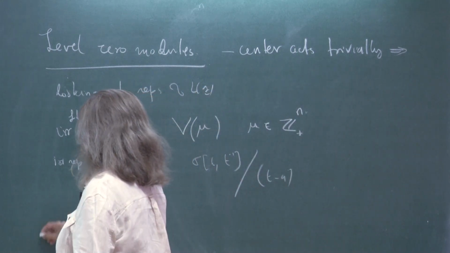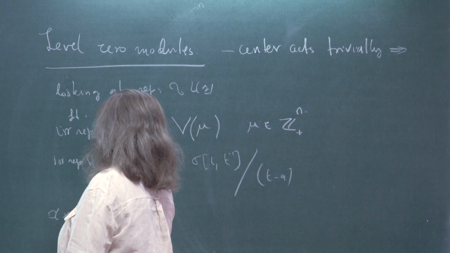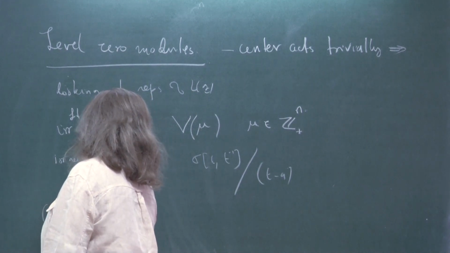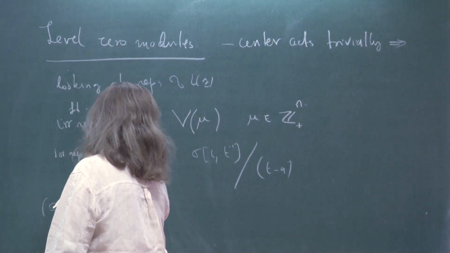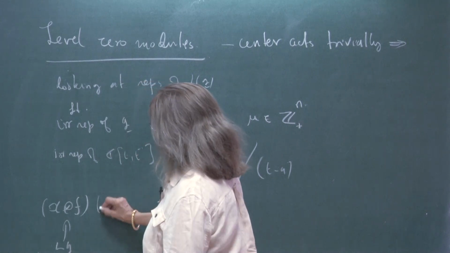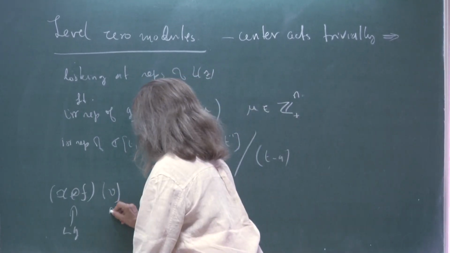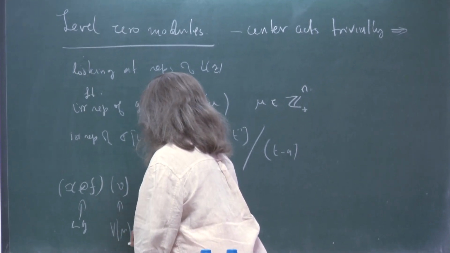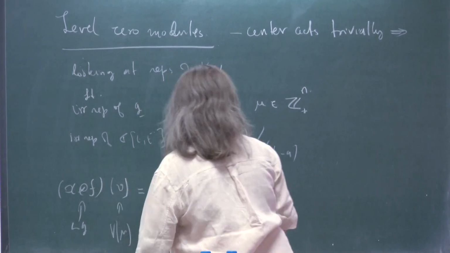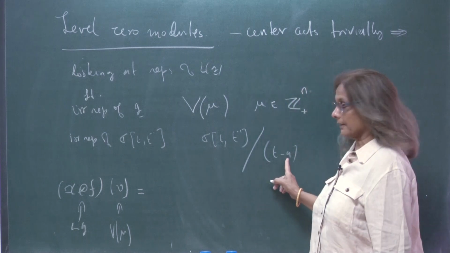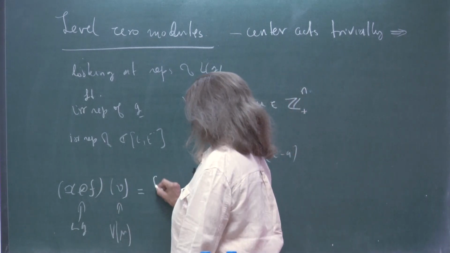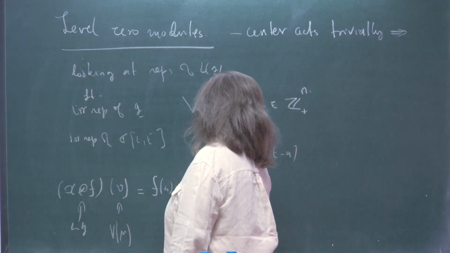So now what do I take? I take an element x tensor f in my loop algebra, and I make it act on an element v. So I'm going to just define an action on V mu, where this v is going to be in V mu. I've taken a fixed representation there, so I just evaluate f at a, and then I do x v.